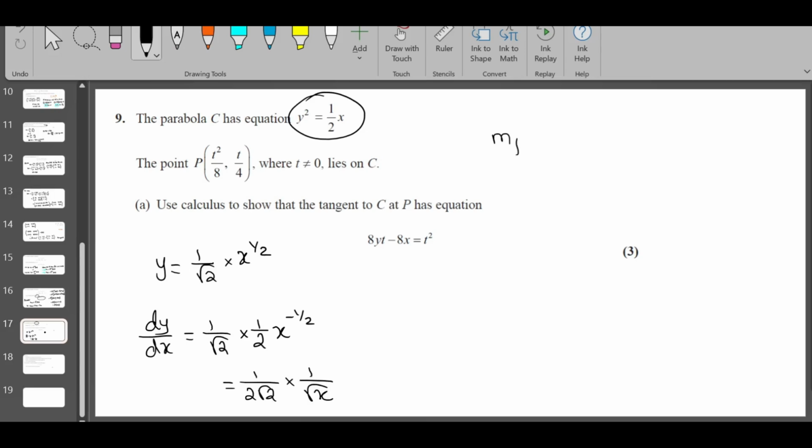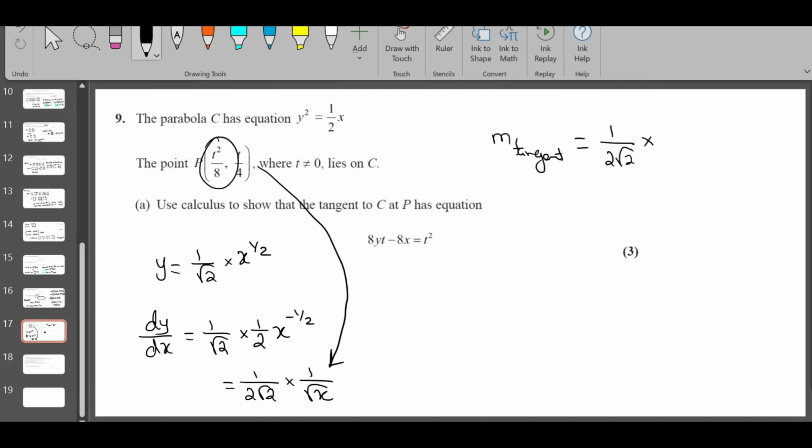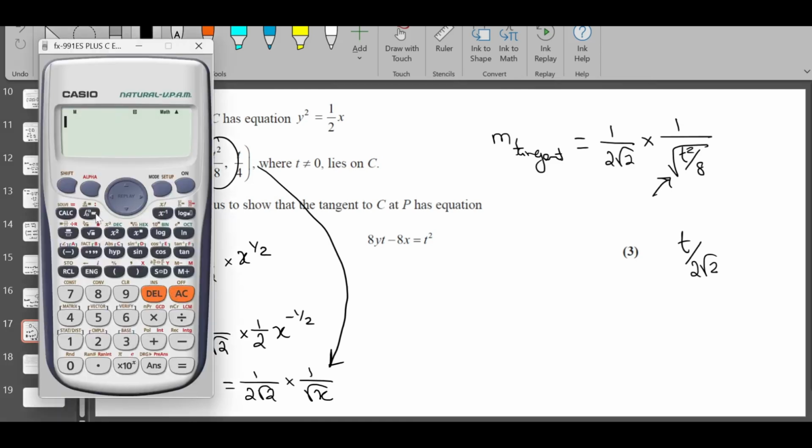Now the slope of the tangent is, in this dy by dx, sub in the x coordinate of the point. So 1 over 2 root 2 times 1 divided by square root of t square over 8. When you put the square root separately, square root of t square is t, and square root of 8 is 2 root 2.